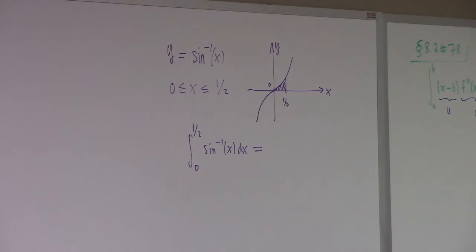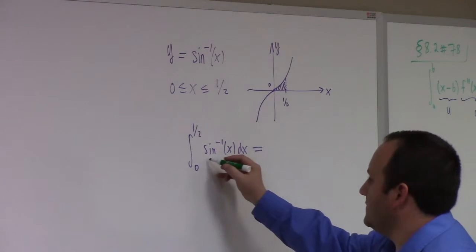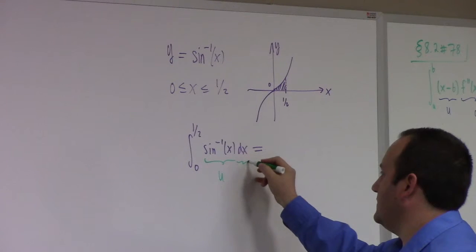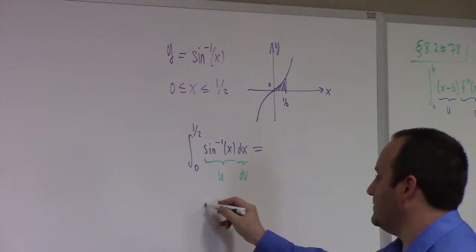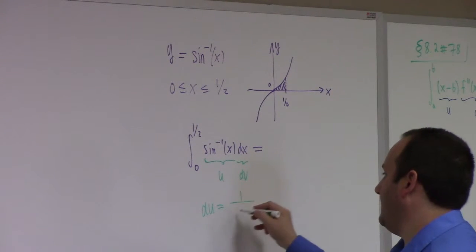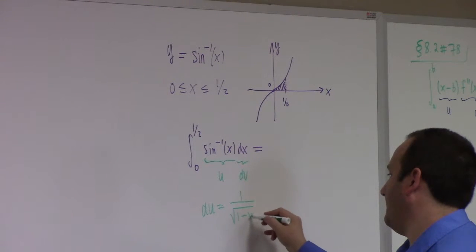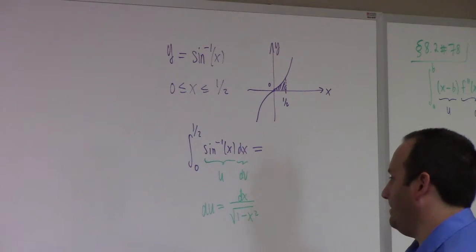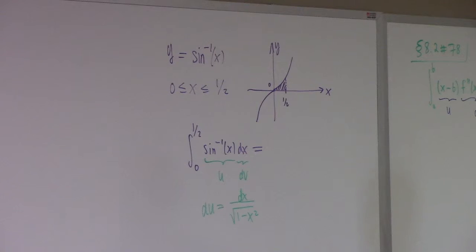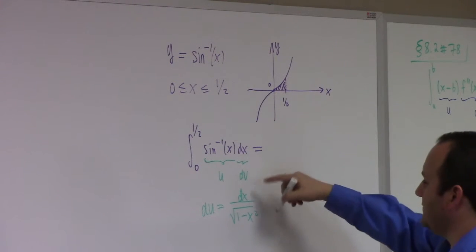How do you do the integral of inverse sine? So we'll let this be the u. Let this be the dv. So what's du? And of course v is equal to x, right?